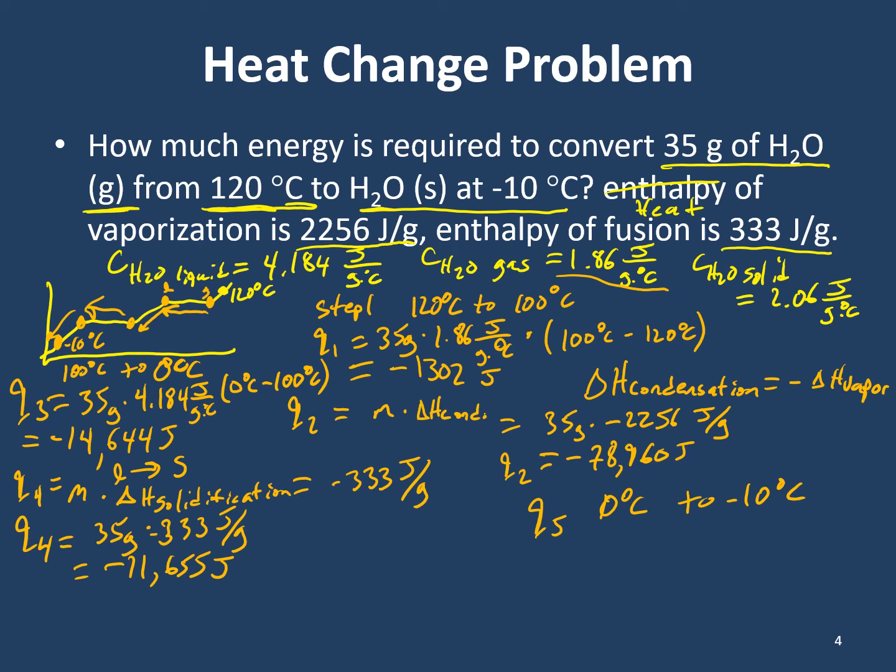And so my Q5 is going to be equal to 35 grams times the specific heat of ice, which is 2.06 joules per gram Celsius, times, well, my final temperature is negative 10 degrees Celsius, and my initial temperature is 0 degrees Celsius, so negative 10 is delta T. And if we calculate that out, we get negative 721 joules.